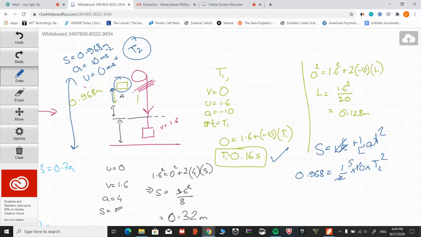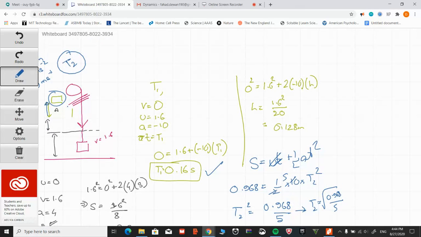So t2 squared is equal to 0.968 by 5. So t2 is root over 0.968 divided by 5. So when I calculate, okay, overall I see time 2 is equal to 0.44 seconds.